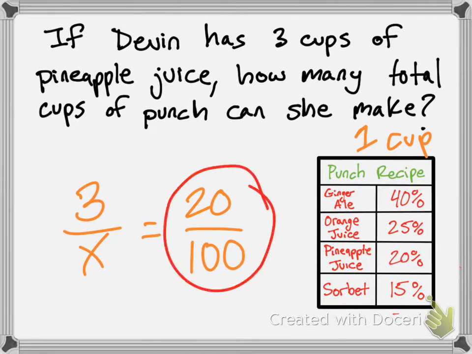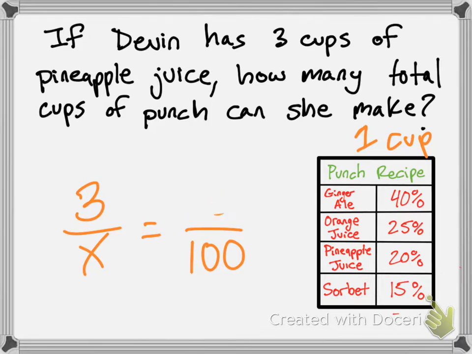What is the simplified fraction of 20 over 100, Jaden? 10 over 50. We can get 10 over 50. Can I simplify that even more? Emma, what can it simplify to? 5 over 25.